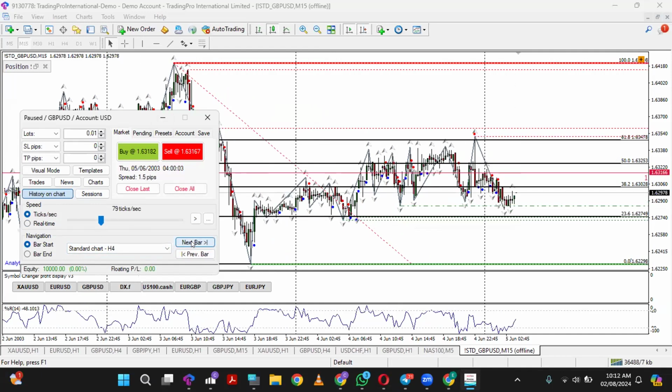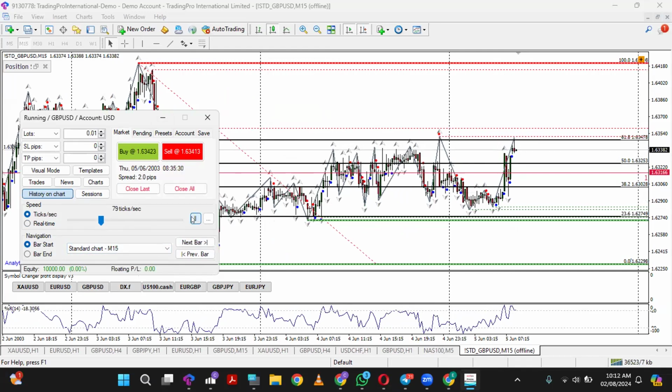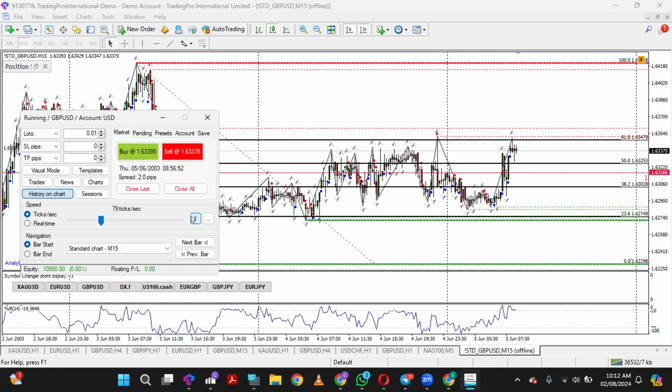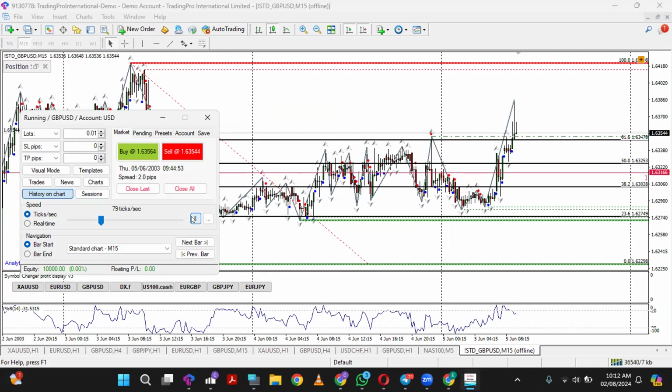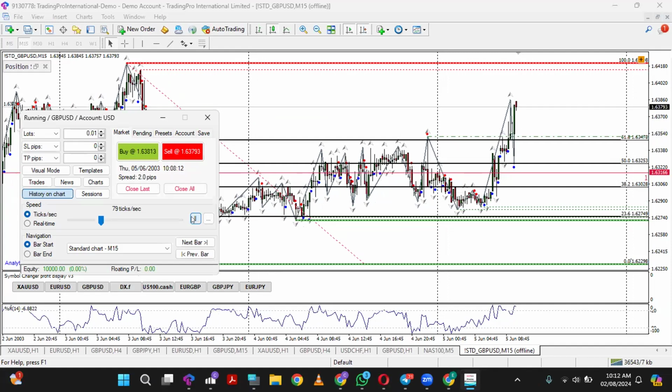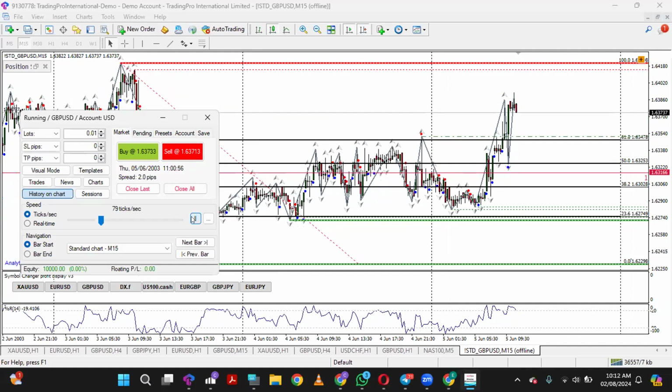But if you move forward, wait, this is the 4-hour time frame. Let me switch it to the 15-minute time frame. Can you all see it? Hope everybody can see it. This is not the live market.